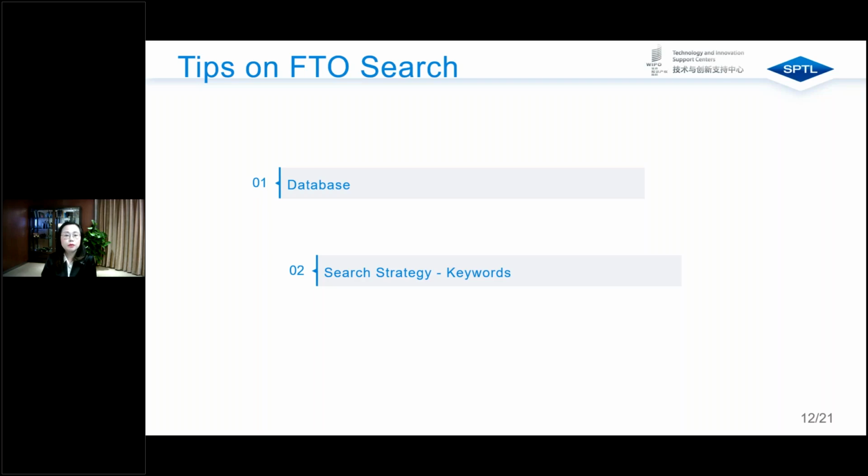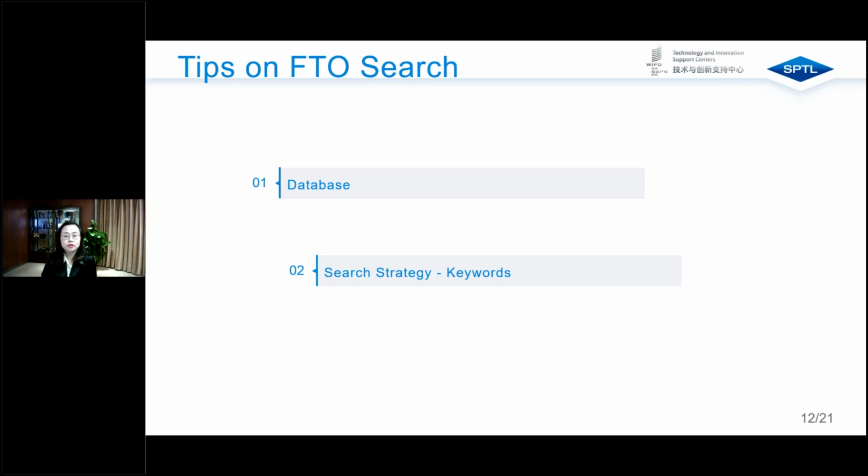With such a huge amount of patents, on the one hand, it is very important to assess the risk when the product enters into the Chinese market. And on the other hand, it is also a challenge to conduct a comprehensive FTO search in China.